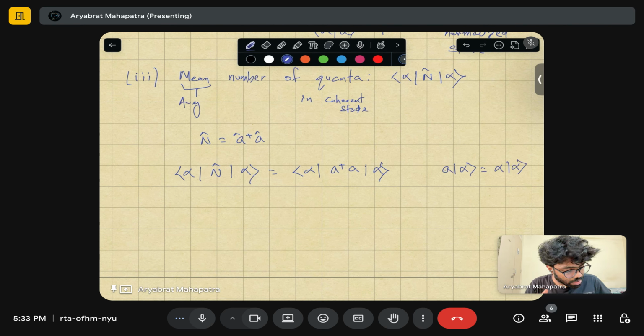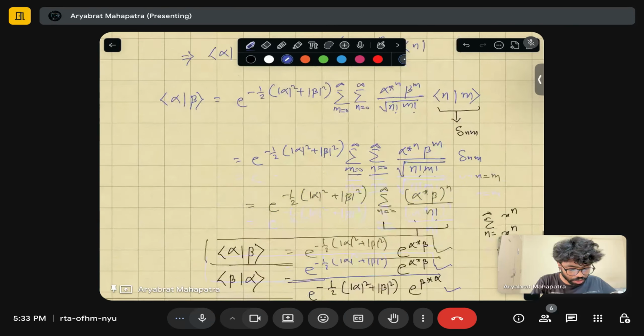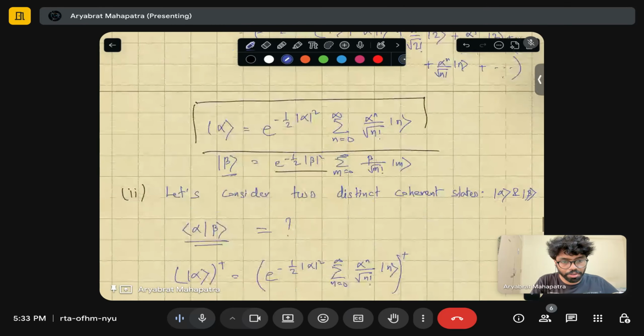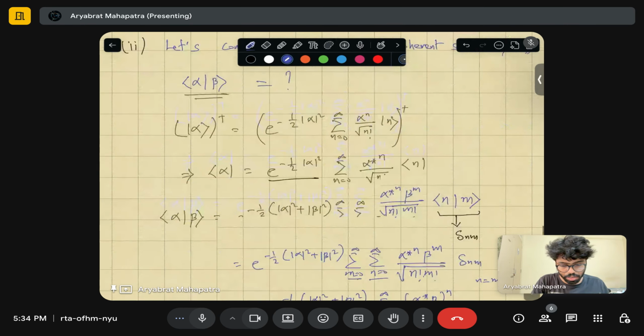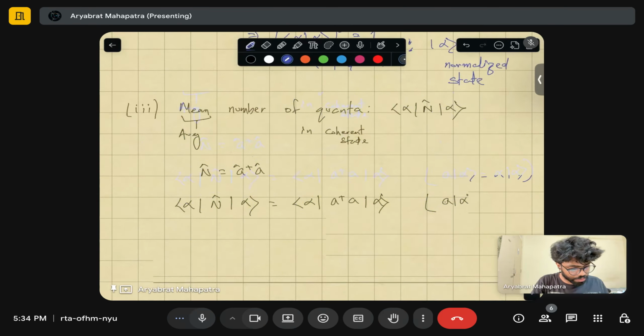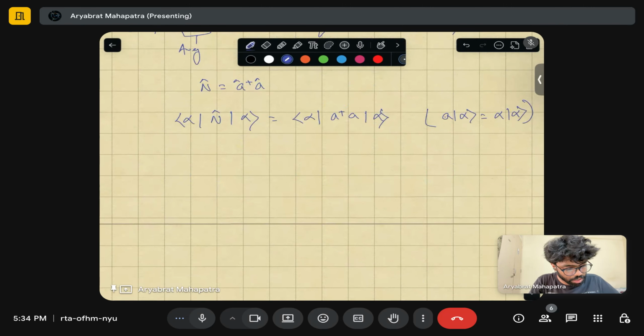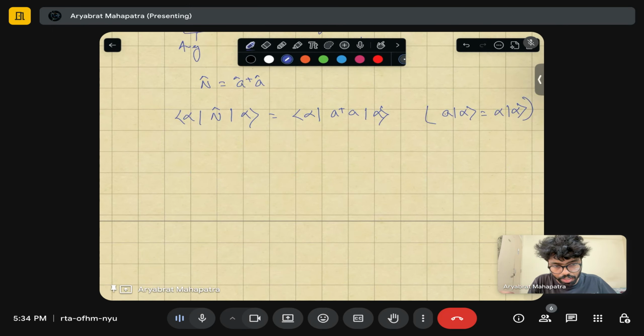Keeping this in mind, you can even check this from the alpha that we constructed using the displacement operator. You can verify yourself that this is how the coherent state has been formulated.